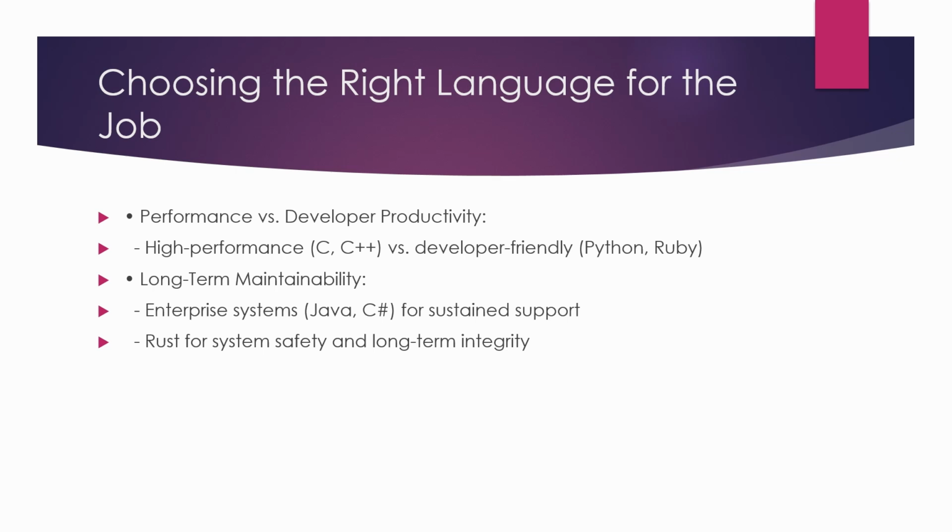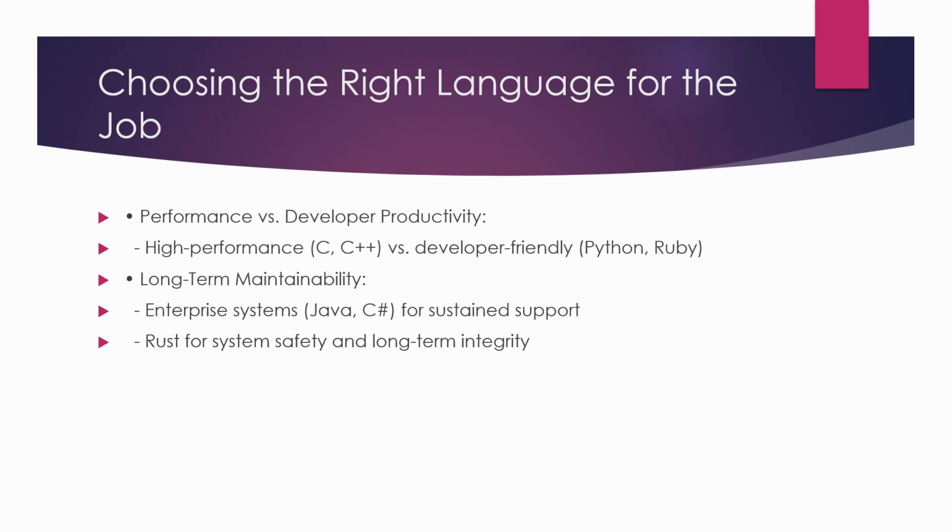When selecting a programming language, developers must weigh performance against productivity. High-performance languages like C and C++ provide fine-grained control over memory and processing but require more effort to handle memory management and concurrency.